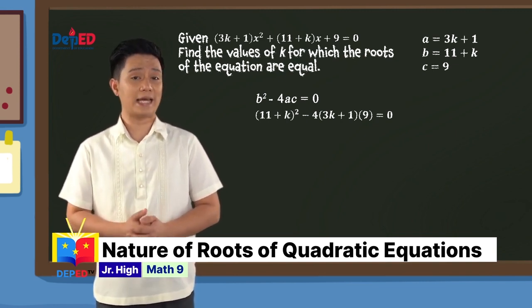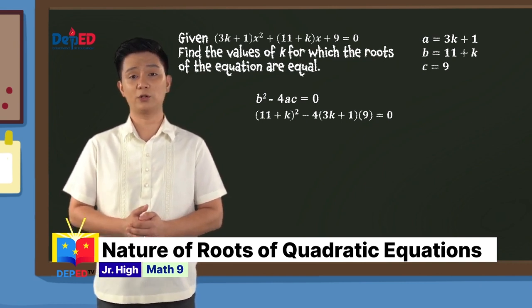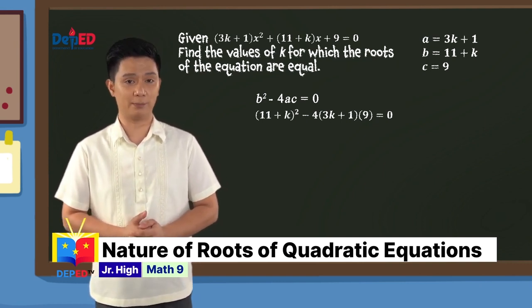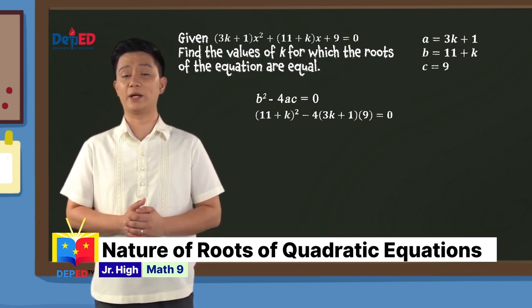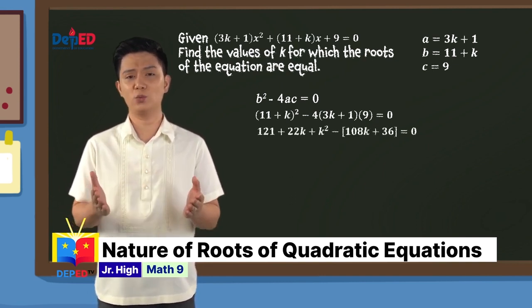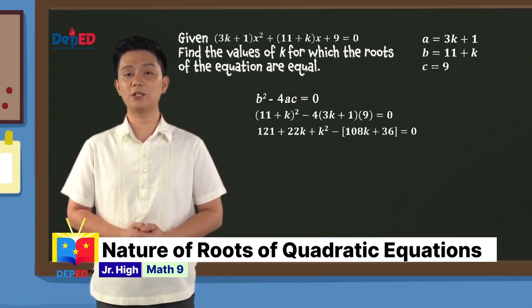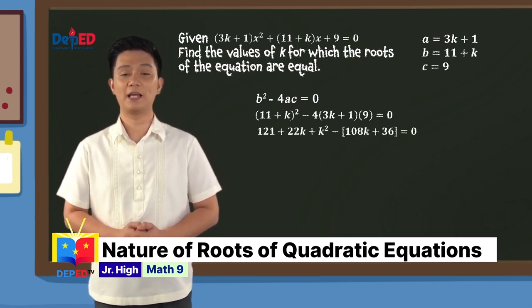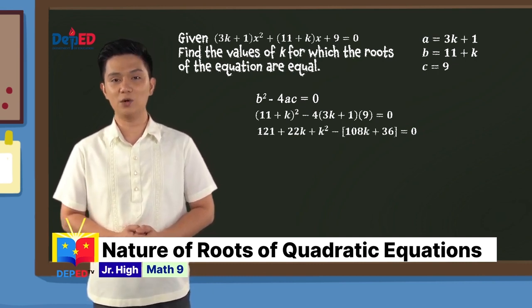But what is the square of 11 plus k equal to? What about the product of 4, 3k plus 1, and 9? If you're able to determine the correct answers, the equation will now look like this. 121 plus 22k plus k squared minus the quantity 108k plus 36 equals 0.